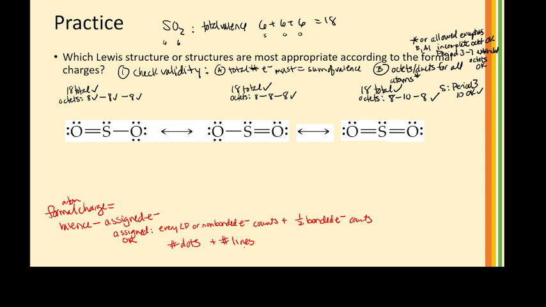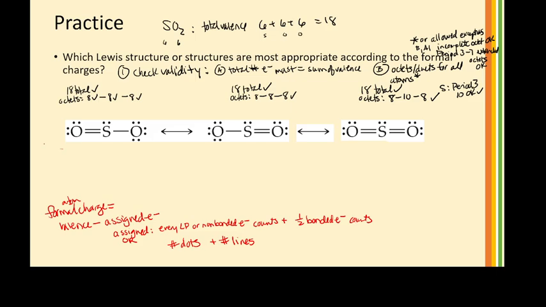Every line or bond is worth 2 electrons, and half of 2 is 1. So if I just count the number of lines, that gets me there faster. It doesn't explain why I'm counting the number of lines. This method of writing it out as a formula explains the why. I'm taking half of the bond because the bond was a shared pair of electrons. If I'm breaking it back up and assigning, each one would get just one of the 2 bonded electrons. But this is faster to do.